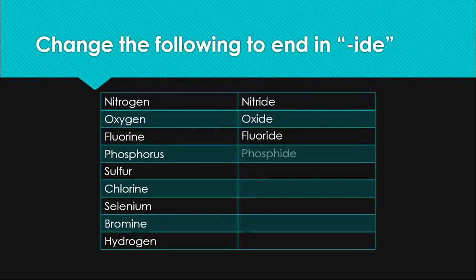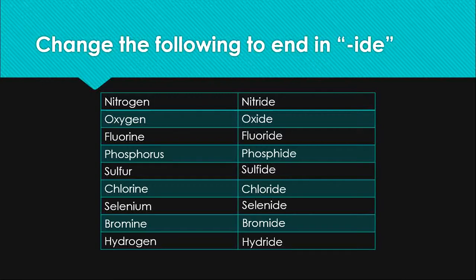Phosphorus is phosphide. Sulfur is sulfide. Chlorine is chloride. Selenium is selenide. Bromine is bromide. And hydrogen is hydride. Notice that we're only talking about the nonmetals here. We're only changing the ending for the nonmetals.